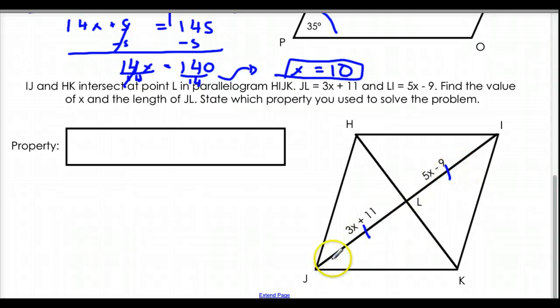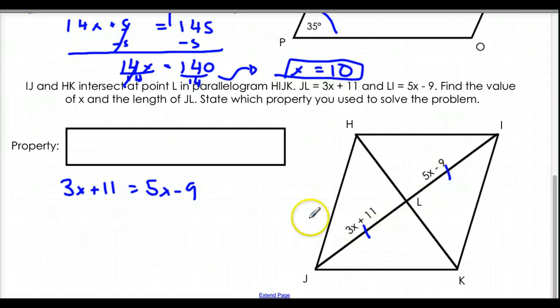If I know these are congruent, then I could set up my equation as equal each other. So it's 3x plus 11 equals 5x minus 9. And the reason I'm able to set that equation up is because I know this property, that diagonals bisect each other.